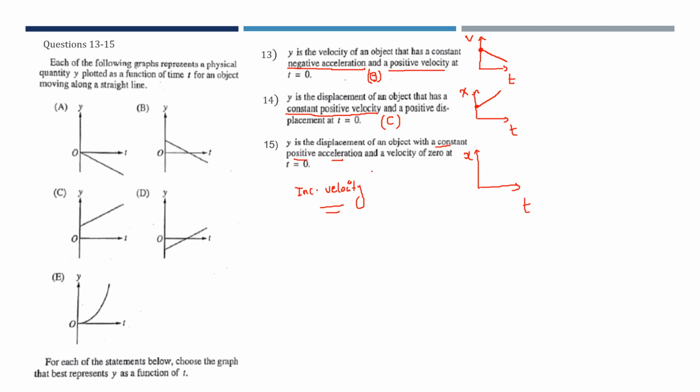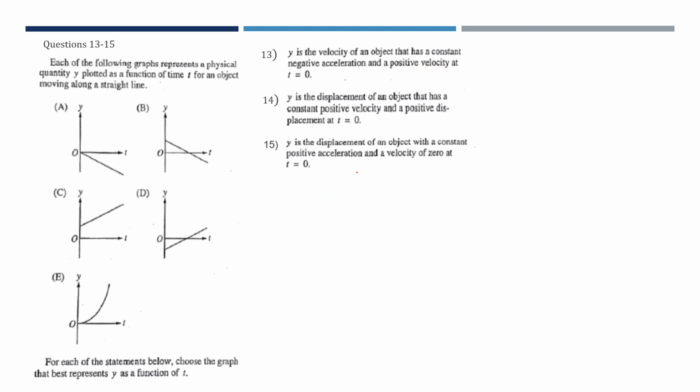Don't forget that velocity is the slope of the displacement time graph. Increasing velocity means we have an increasing slope, not a constant slope, which is definitely not a linear relationship. So an increasing slope means E, we have a curve and the slope is variable at every point. So E is the correct answer.